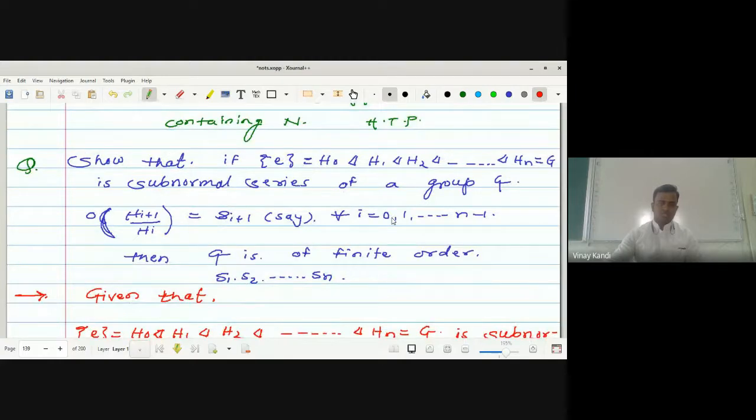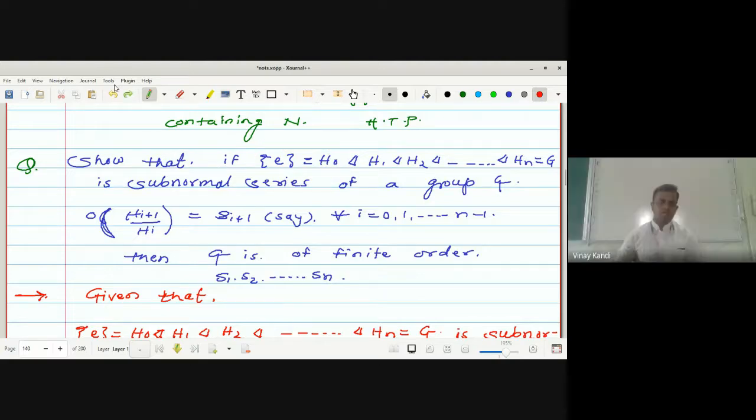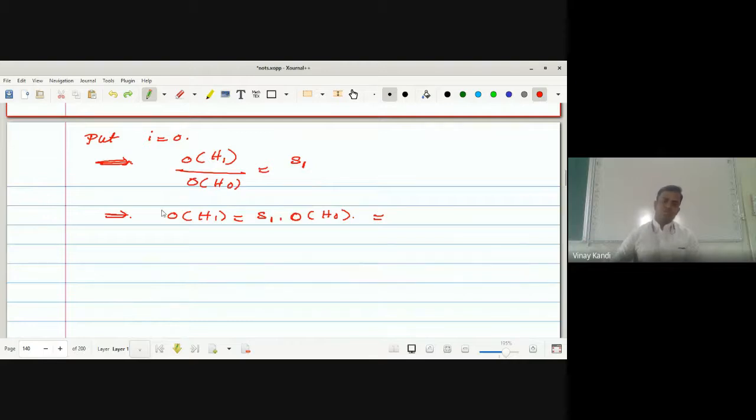What is H0? Singleton E. I am asking how many elements are in H0. One. So this implies order of H1 is S1. Correct? Yes.